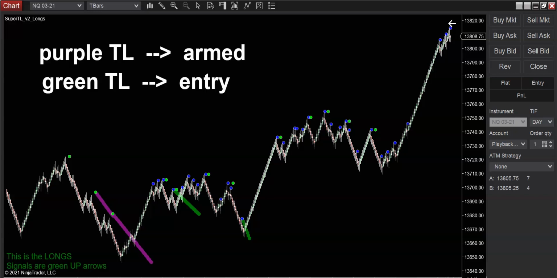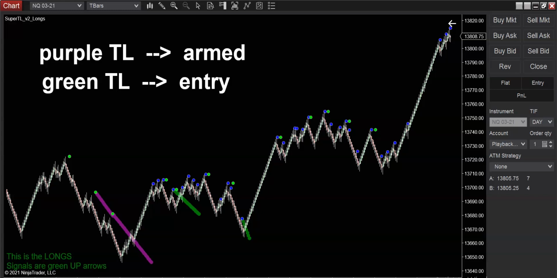To make it easy to understand, I'm going to dumb it down a little bit and talk about what the purple trend lines mean and what the green trend lines mean. I know I've explained this before, but for those still confused, I think this will help. Whenever the purple trend line shows up on your chart, and as long as you have the strategy running, it's telling you that this line needs to be broken first before the system even thinks about going long.